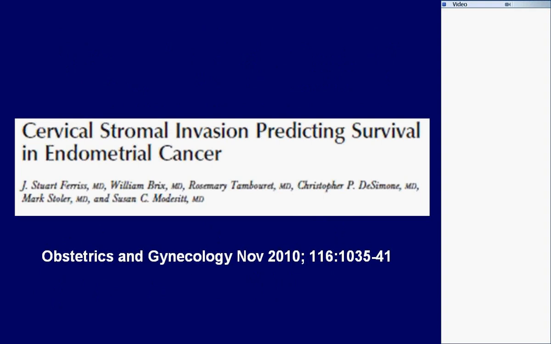Just to bring you up to speed, preparing this lecture actually has been very educational for me. You get to review the literature, and until the last minute you're looking for stuff. So I just found this in this month's issue of Obstetrics and Gynecology. This is a paper from Mike Stoller's lab, entitled Cervical Stromal Invasion Predicting Survival in Endometrial Cancer.